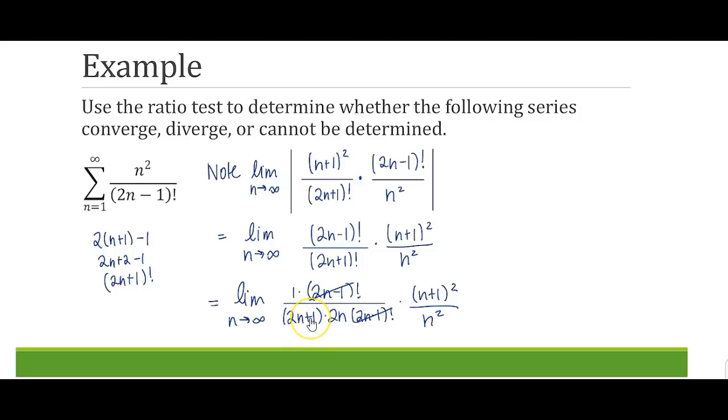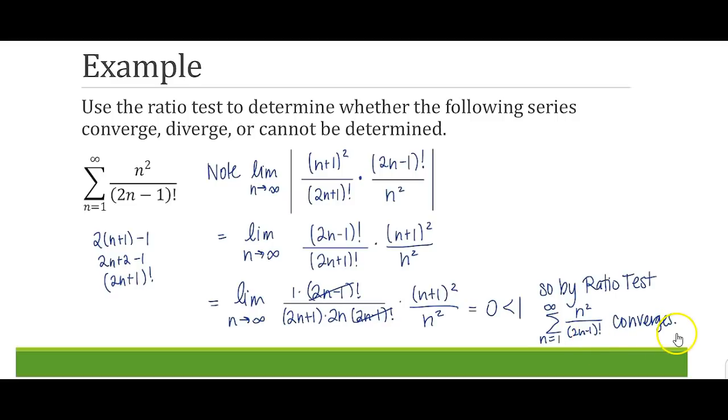So the bottom is going to be growing bigger faster than just the constant 1, so this overall fraction is going to go to 0. So this limit is equal to 0, which is less than 1. And the ratio test tells us that that means that this series converges. And here is the formality that we would write.